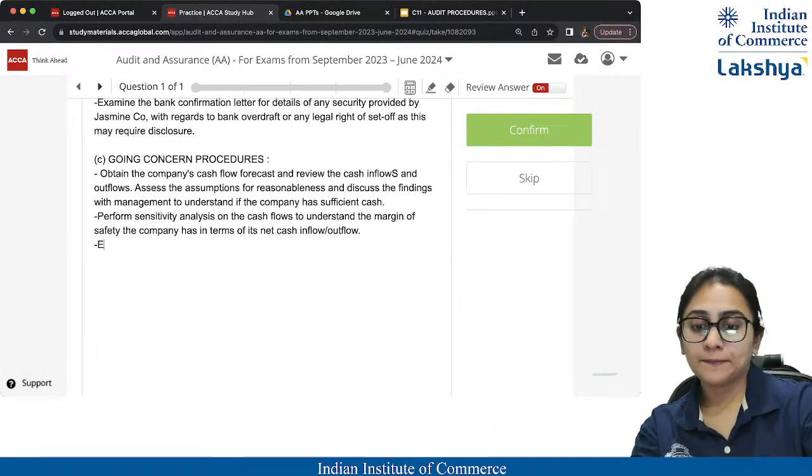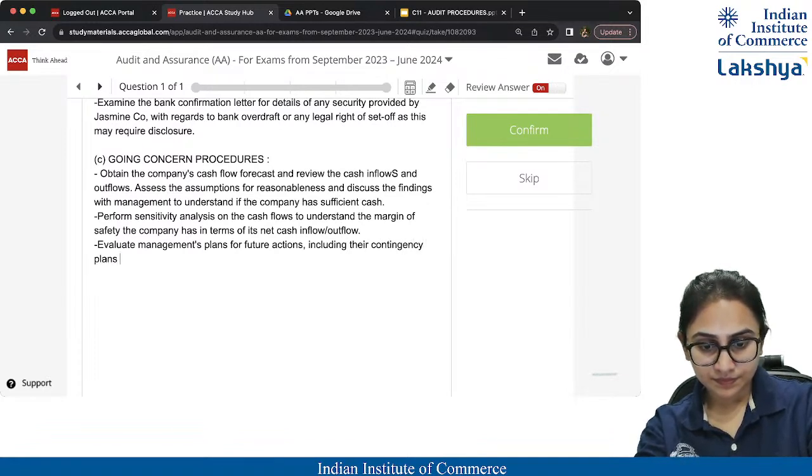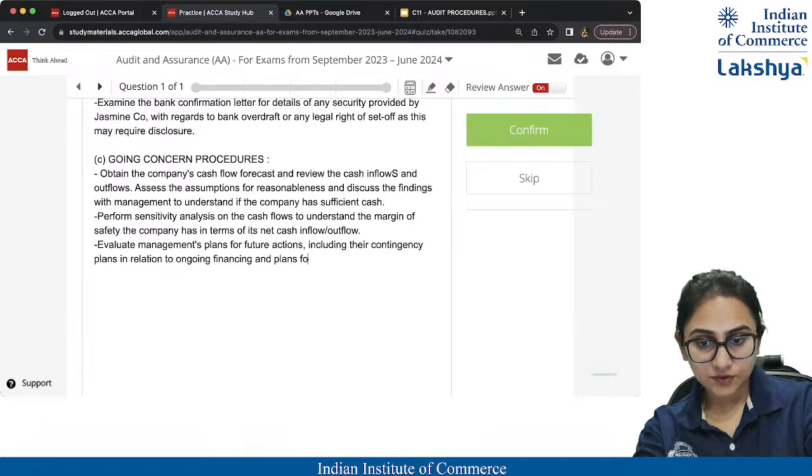So evaluate management's plans for future actions, including their contingency plans in relation to ongoing financing and plans for generating revenue.